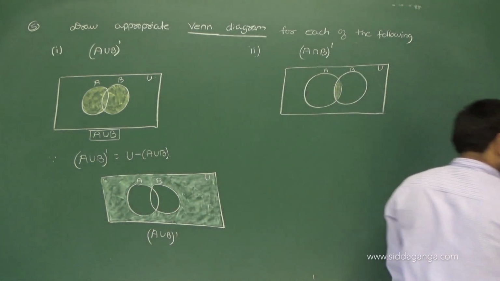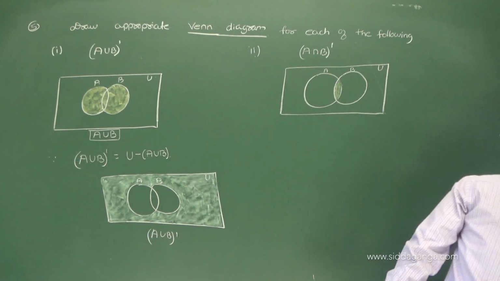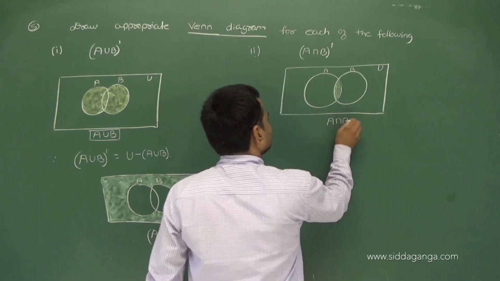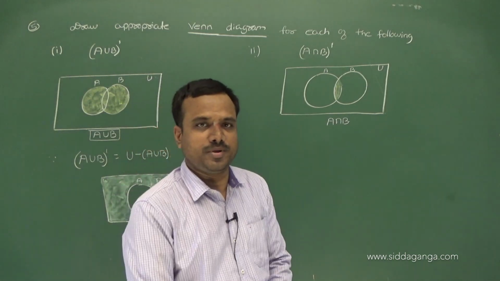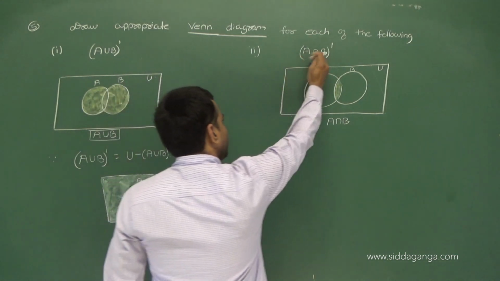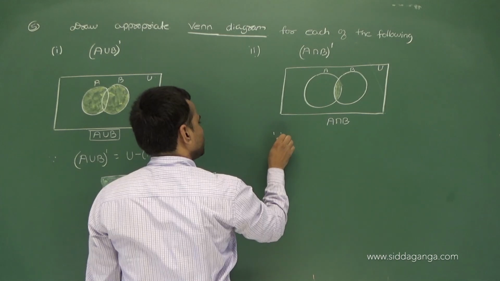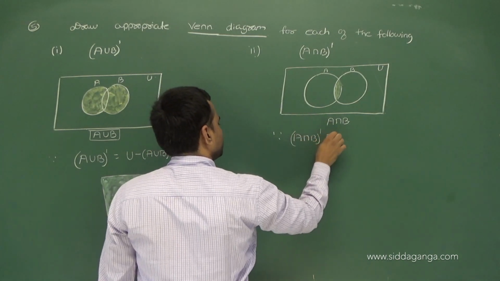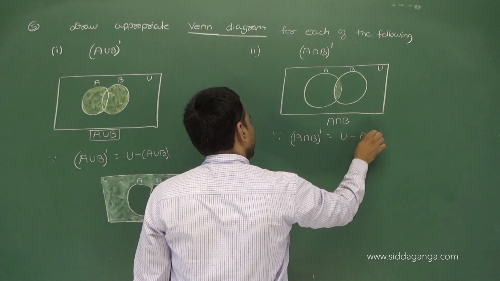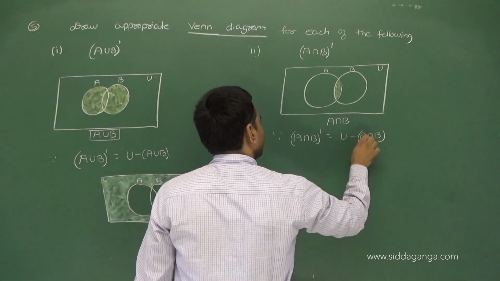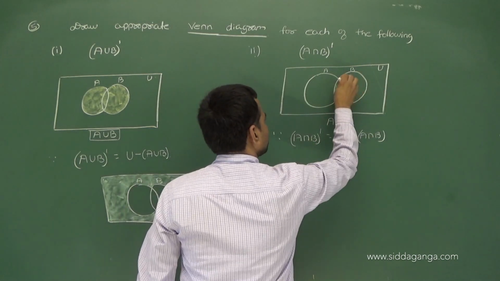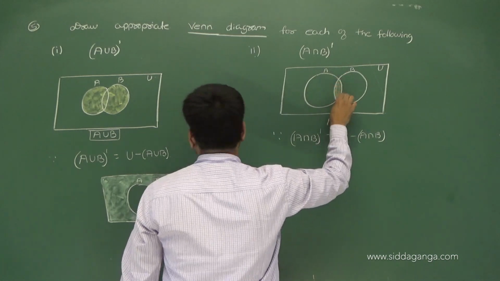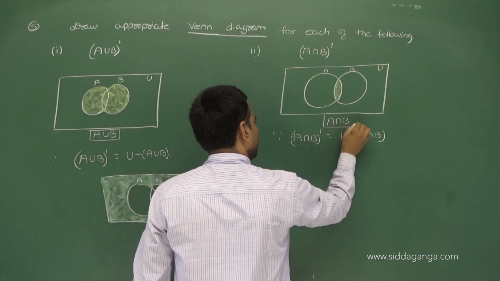A intersection B. So what do we want? We want (A intersection B)'. Since (A intersection B)' is nothing but U minus A intersection B, it is all the region except this value.